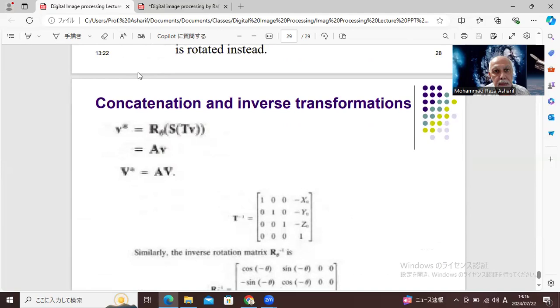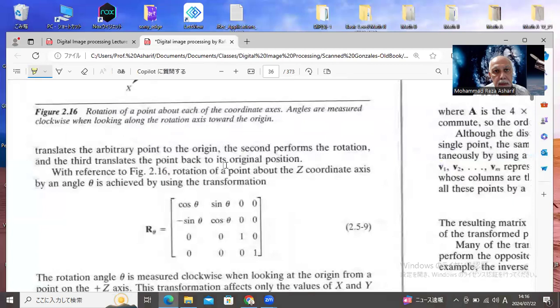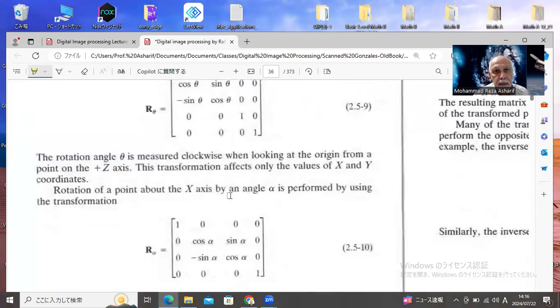I can show you here on the book for the inverse.